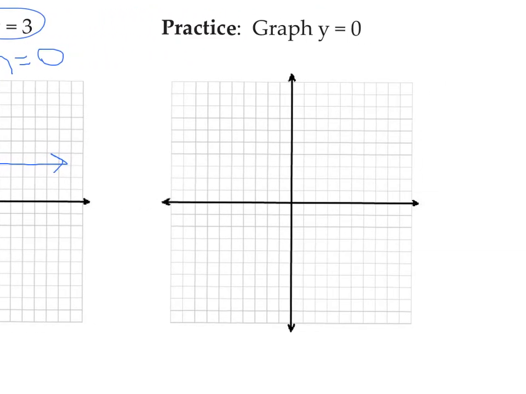On the third one, we're going to practice another, y equals 0. This is a horizontal line where y is 0, and that equation makes a line right on the x-axis. This is the equation for the x-axis, and the slope is also 0.